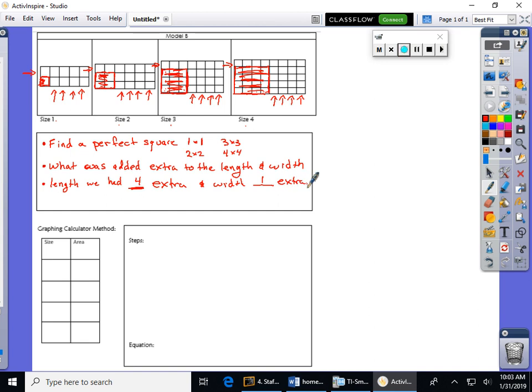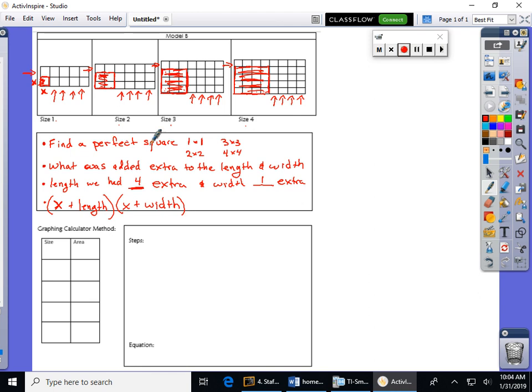Our perfect square is going to be x and x, so we're going to have x plus the length in parentheses and x plus the width in parentheses.